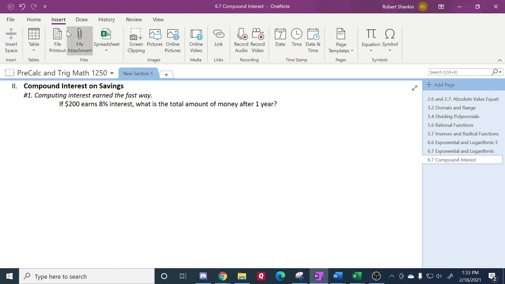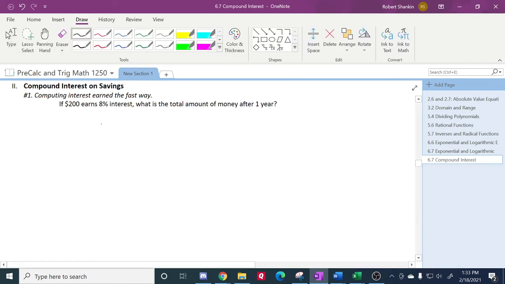All right, so let me show you how most of my students answer this question. They take 200 and multiply it by 0.08, because 8% has a decimal. 200 times 0.08, punching it out on my calculator, is $16.